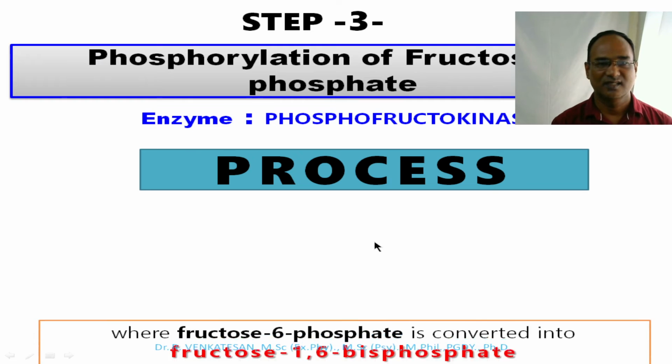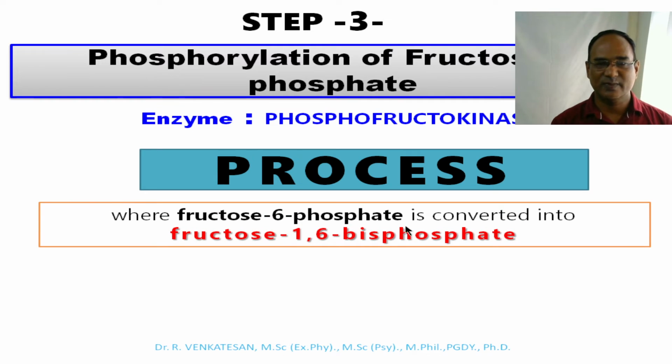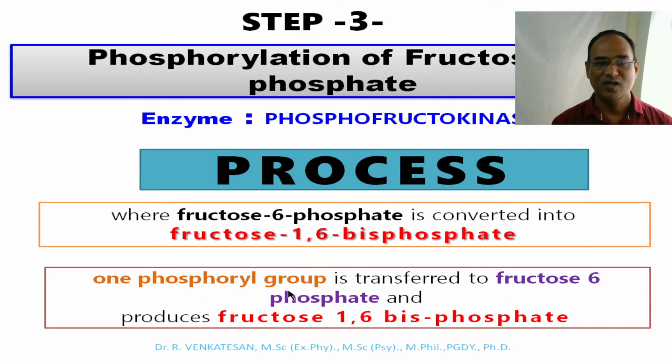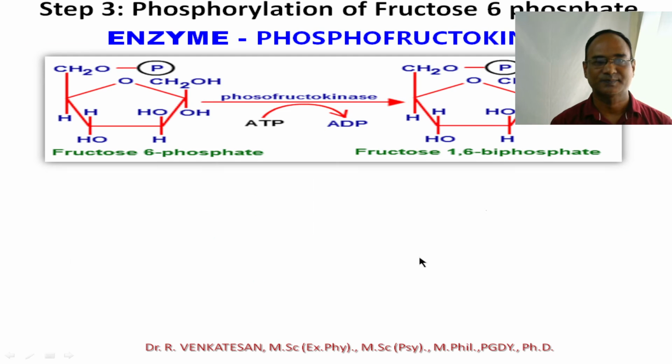One more phosphoryl group is transferred, making fructose 6-phosphate into fructose 1,6-bisphosphate by adding one phosphoryl group, I mean a phosphate group. Here we have to invest one more ATP to make the process more energetic. So this is also a very important phase.